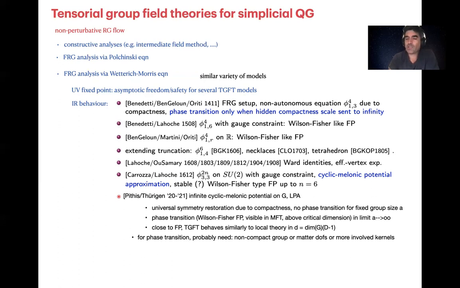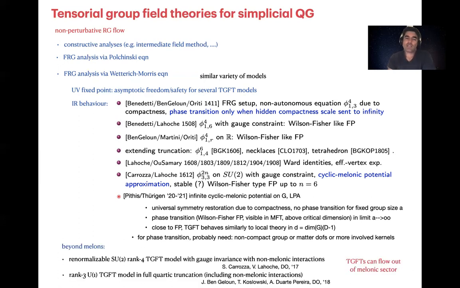In fact, the local directions that can be added to the models will also change this conclusion. The other interesting result coming from this non-perturbative analysis is that indeed these models can flow out of the melonic sector. And there are a couple of examples of this being in fact the case.